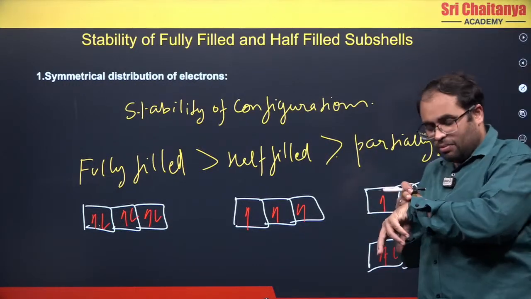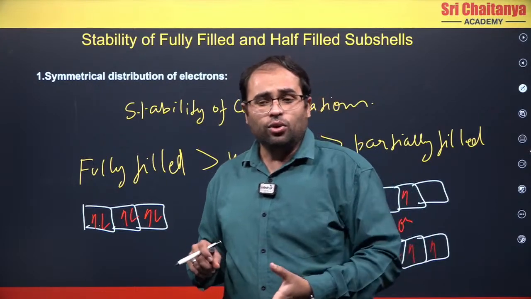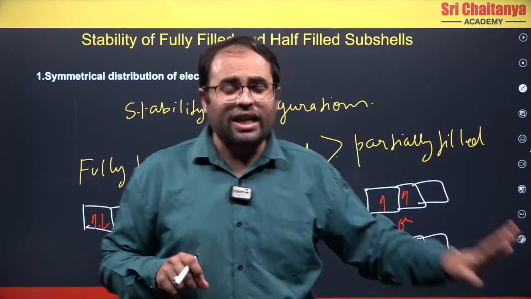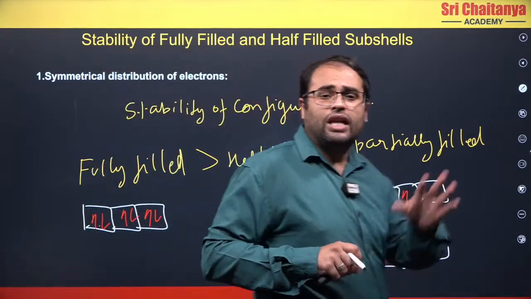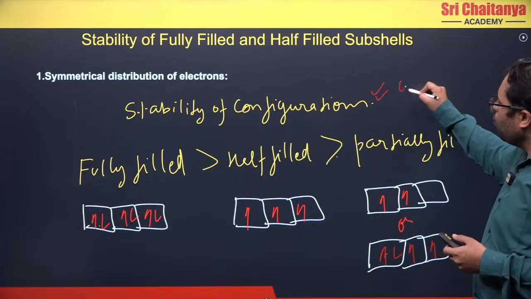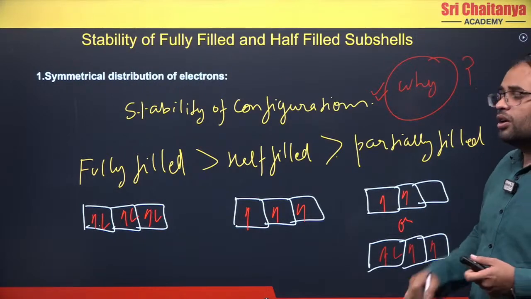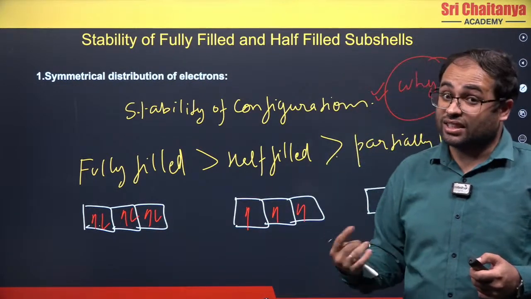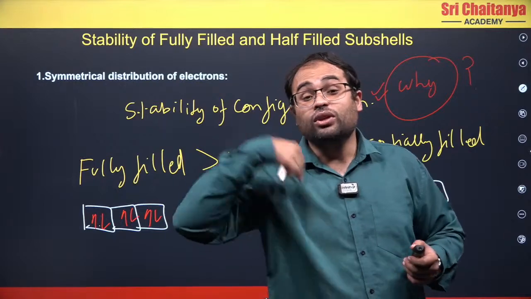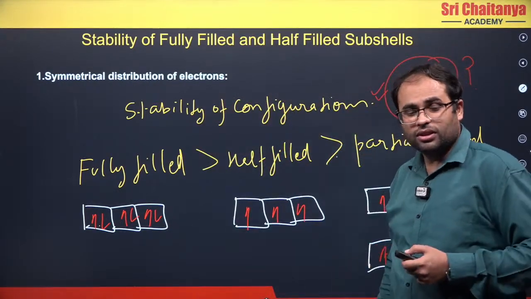Now, because the time is running out, I will cover this part in the next class. Let us not hurry into stuff that we will not be able to understand. The reasons for why this is, you will get in the next class. So you need to join the next class, my dear students, right?